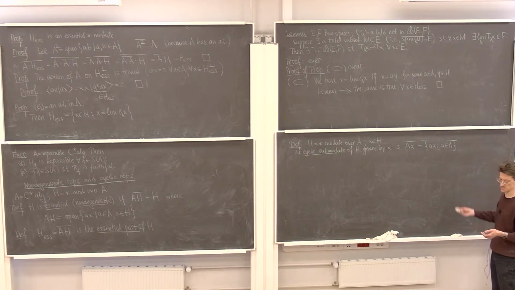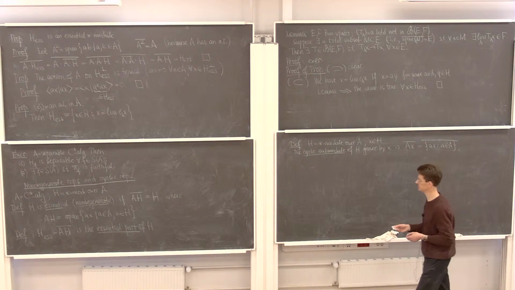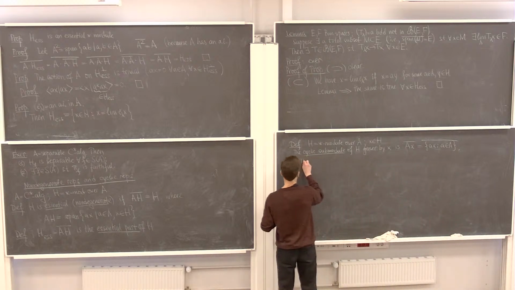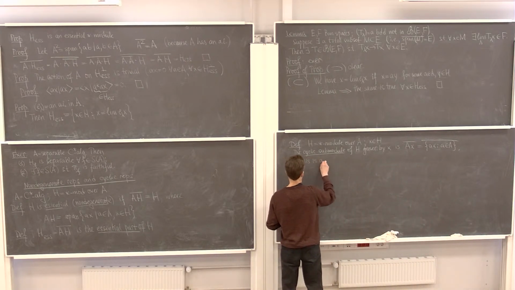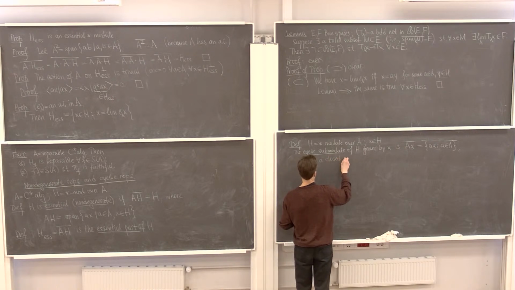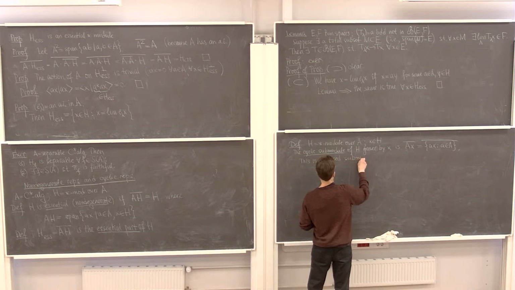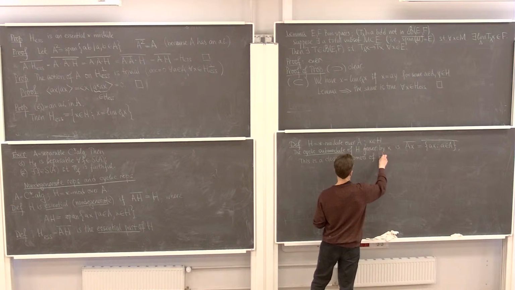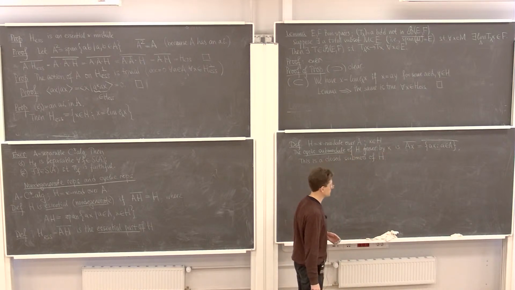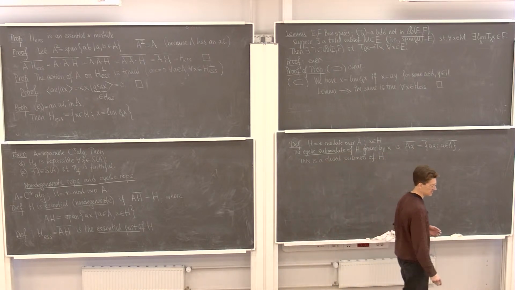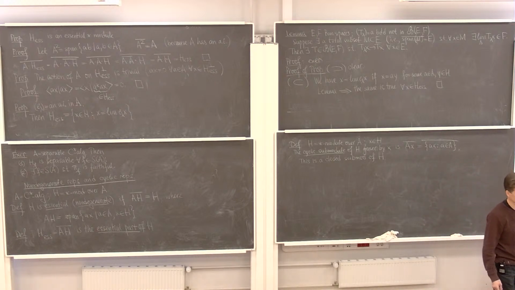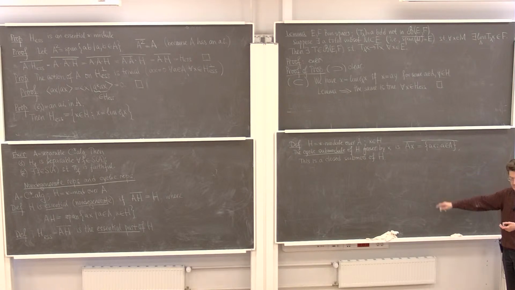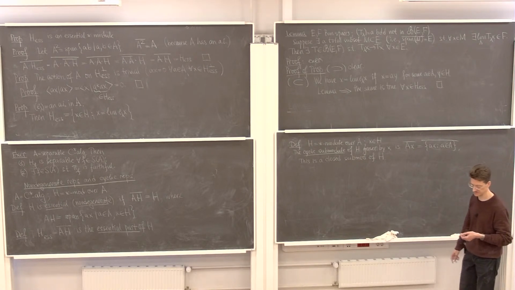So clearly this is a closed submodule of H. In general, I don't claim that the vector x itself belongs to this submodule. Indeed, we don't assume that A is unital.